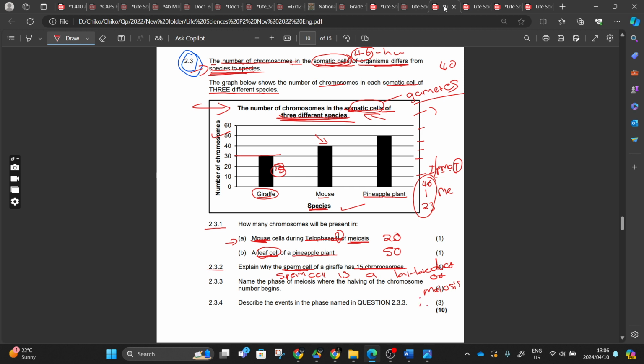Therefore, a somatic cell with 30 chromosomes will divide, and we are going to have gamete cells with 15 chromosomes, right?